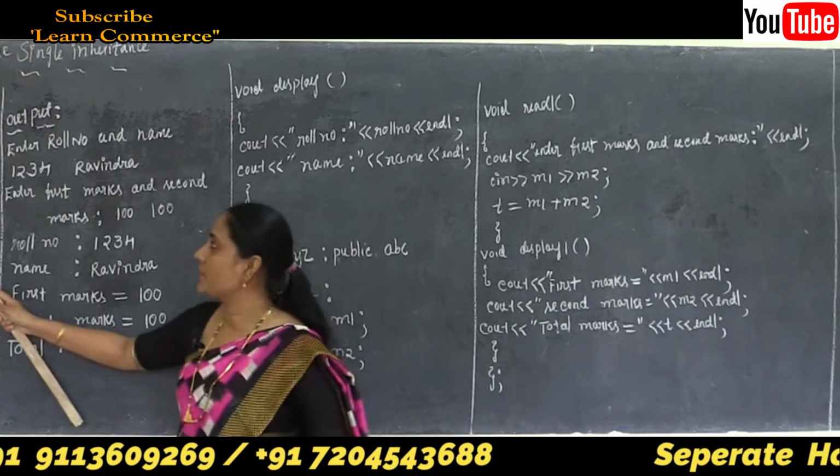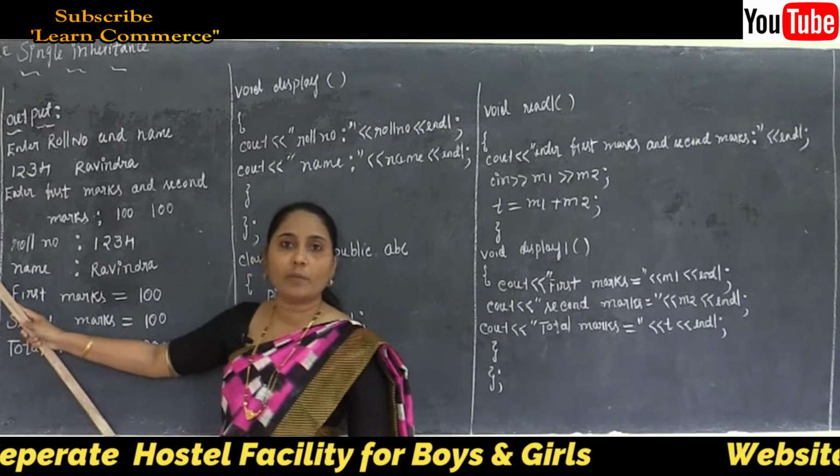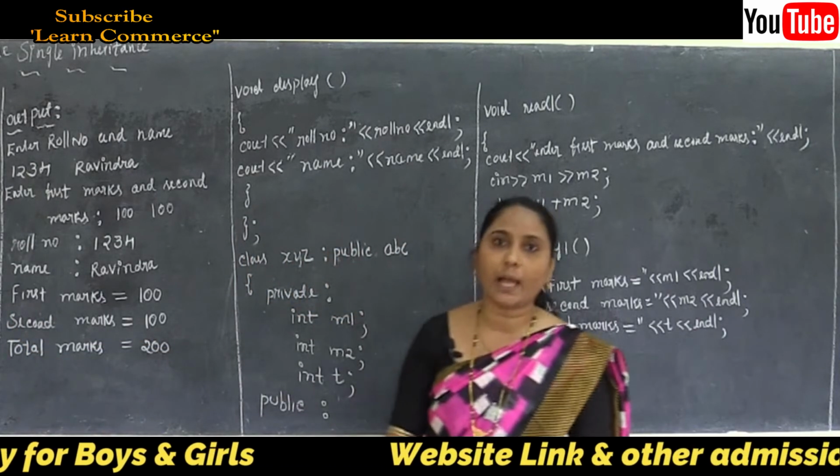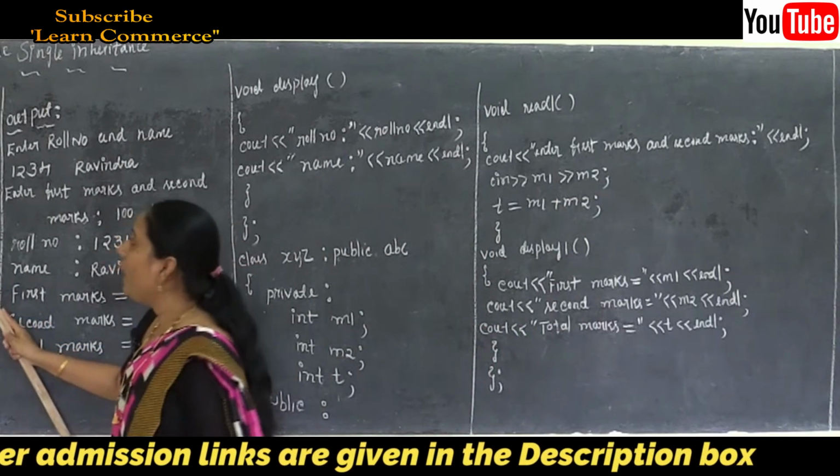So the new class name is XYZ, and we already used the header file conio.h. For that I am using one function, clrscr.